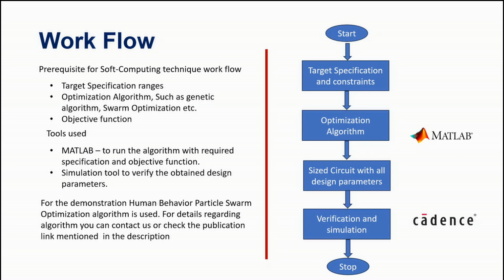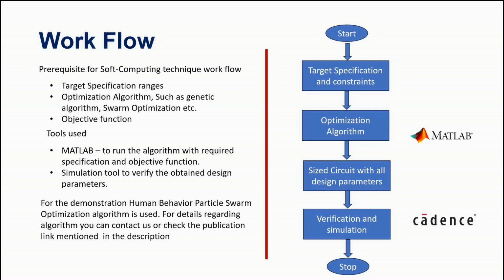You can set those equations and other related things in a function called the objective function, and you can set a target to minimize the area, the noise, or other parameters, or maximize other parameters as you wish.